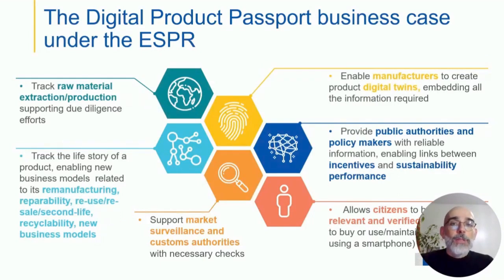This digital product passport is one of the key elements because the complexity and the details and the information to be delivered as requested by the regulation may not fit in a usual business-to-consumer communication tool such as a label. For this reason, and also to ensure that the information is maintained during the life cycle of the product, we are developing this digital product passport.